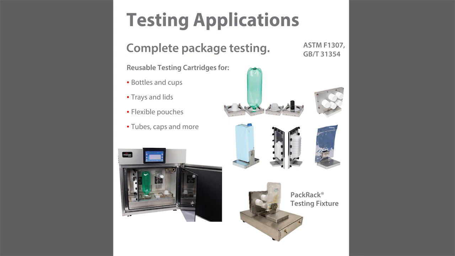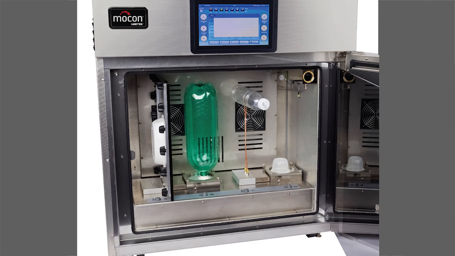Trays, cartons, pouches. I think a good example of the testing, as I zoom up here, is a bottle. What's nice is you can see this is a bottle that someone wants us to analyze for oxygen transmission rate. Not just the bottle itself, but the bottle with the closure attached.